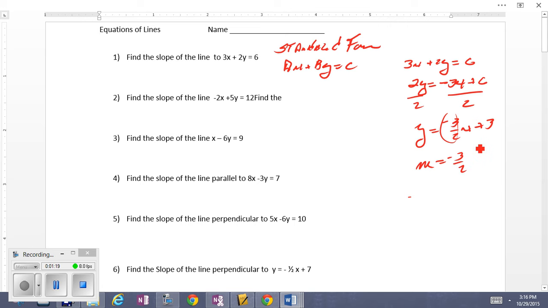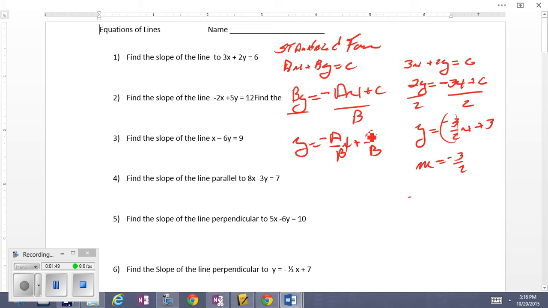Now it's good that many of you remembered the negative a over b from this form. So we'll run through that and remind you. In this form, ax plus by equals c, bring the ax over as its opposite. Now divide everybody by b, and we get y equals the opposite of a over b x plus c over b.